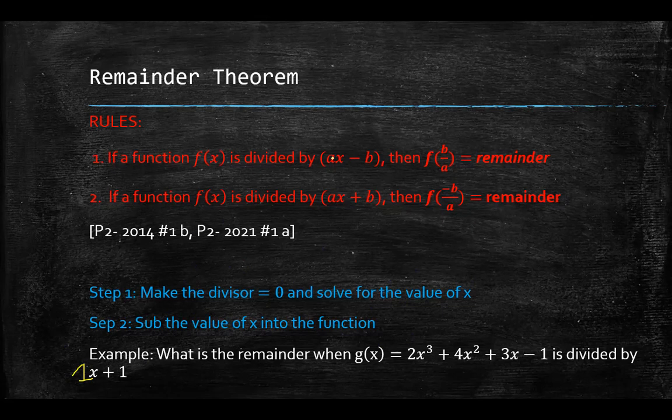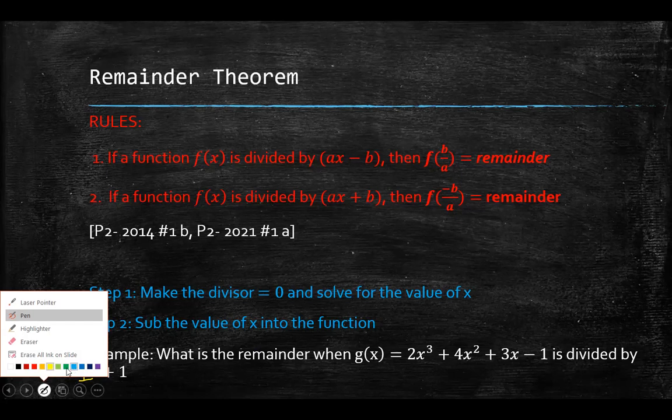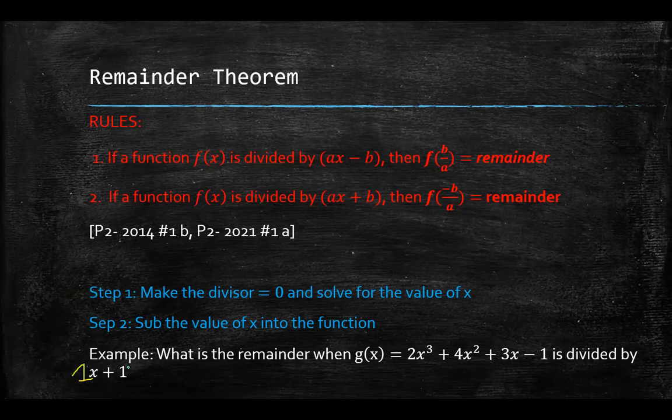Or you can just look at this rule and say, okay, they told me that my divisor is x plus 1. X plus 1, that's in this form. And according to the rule, if it's divided by a divisor that's in this form, ax plus b, then my remainder is going to be f of minus b on a. In this case, the b that they're referring to is 1, and a is 1.